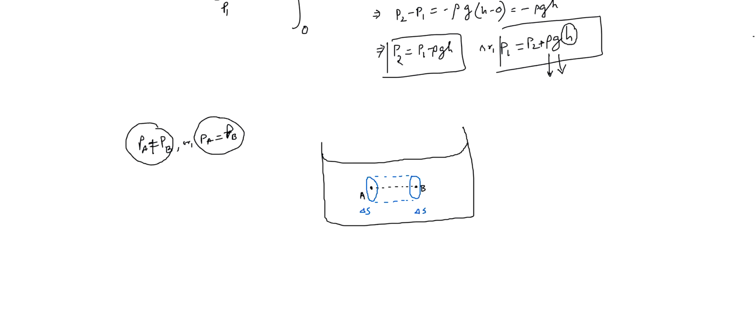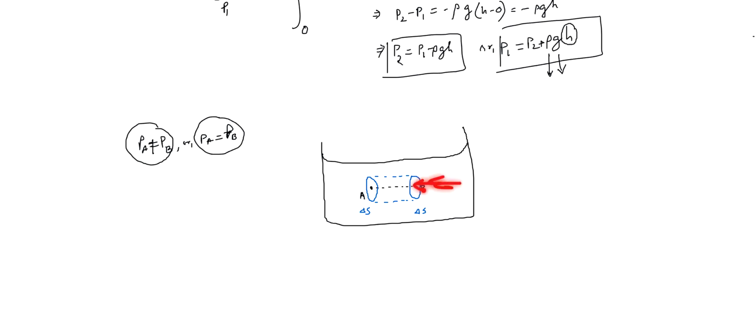The fluid on this side will be applying force in this direction. Why? Because these forces will be trying to compress this volume. The pressure always tries to compress it, right? And the fluid on this side will try to compress it in this direction.